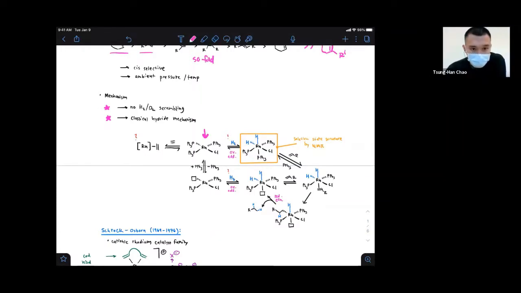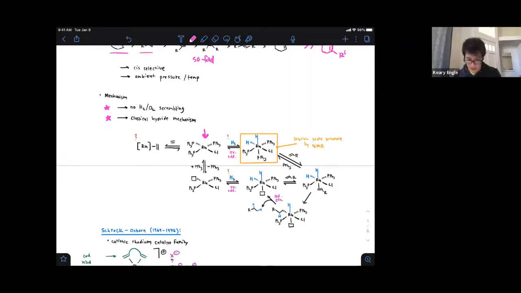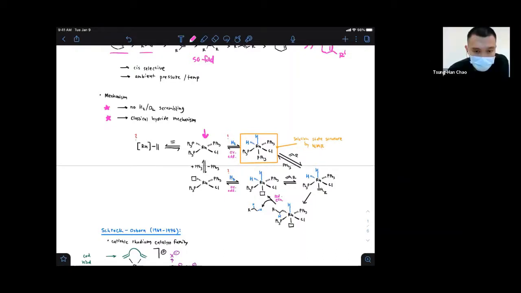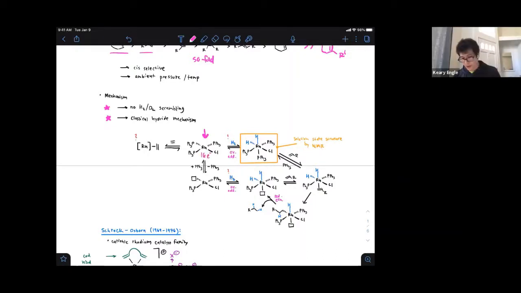So I think it's rhodium(I) and d8. Okay, and then four ligands, so that gets us to what? 16. Okay, 16 electrons. So in principle, it can directly coordinate H2 and then make the dihydride, which will be an 18 electron complex.